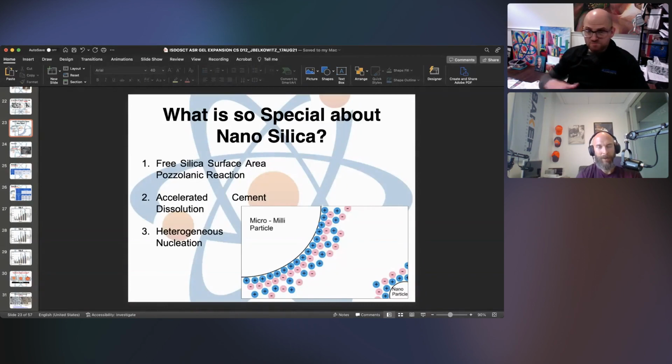Nanosilica itself, or any nanoparticle, if it's really hard and for some reason it didn't react, if it gets in those spaces, it's going to pack those spaces and absorb the catastrophic forces that would cause ultimate failure. So that's what you were talking about.